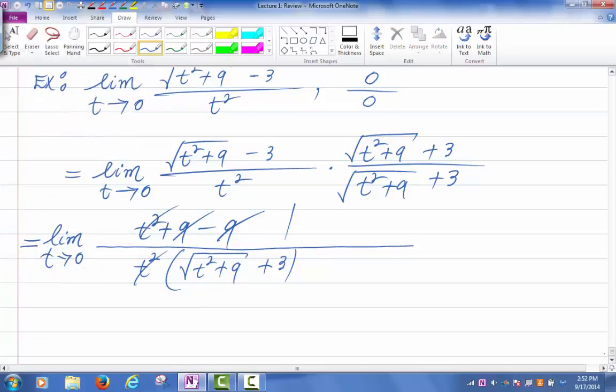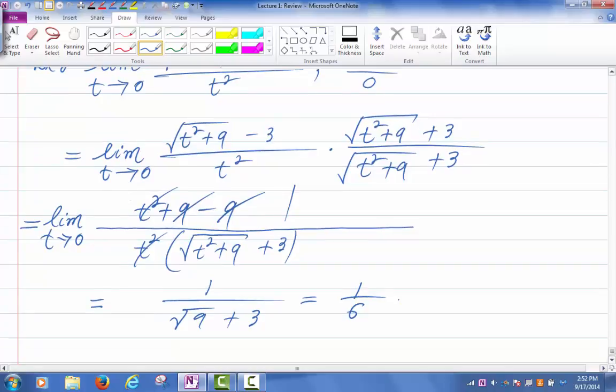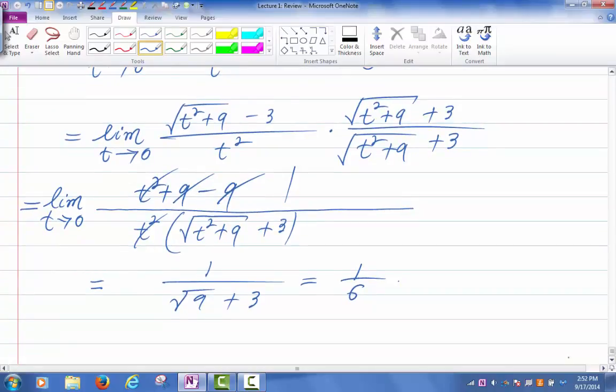And at this point, you can plug in 0. If you plug in 0, you're going to get root of 9 plus 3, which would be 1 over 6. Once again, this is one of my favorite problems, so it might be coming soon as well.